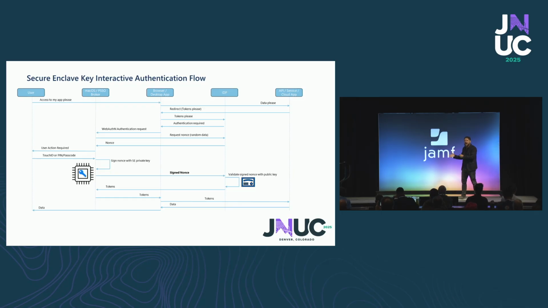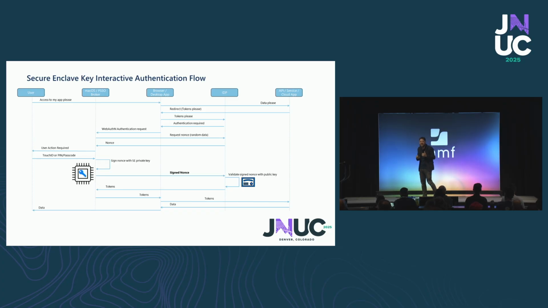You go to your device, you are in your browser, using an application, and then from there, you start asking for data that is going to flow to all the different pillars. We have the macOS, the PSSO broker, the browser or desktop app, the IDP that is Entra, and whatever services you're looking to access, this file, this application, whatever you want, and this is the flow that we see.